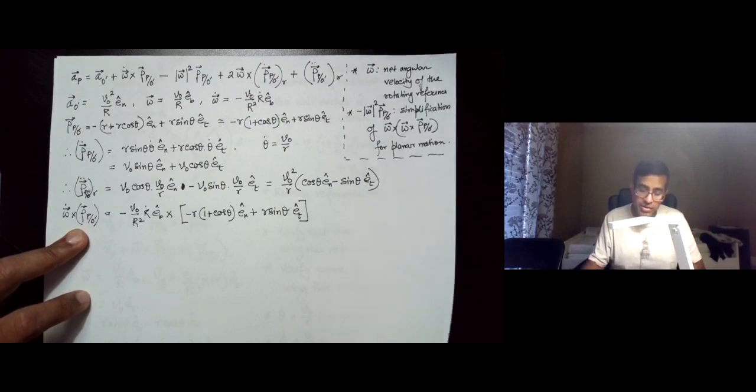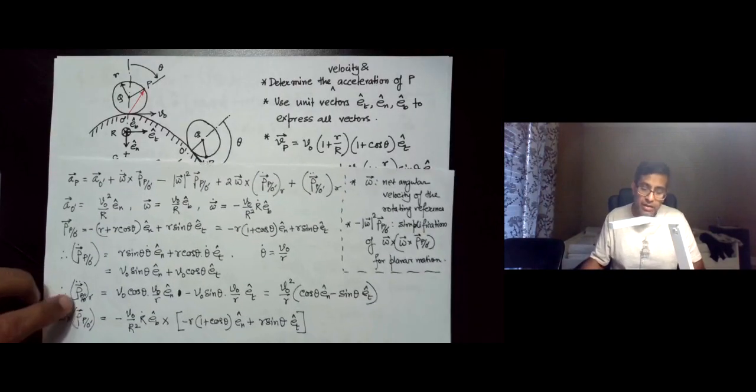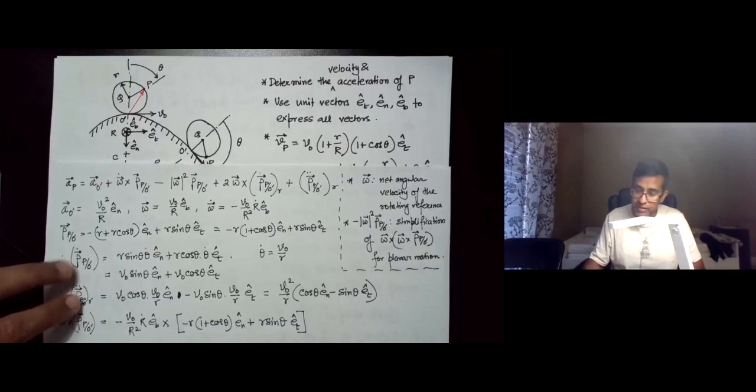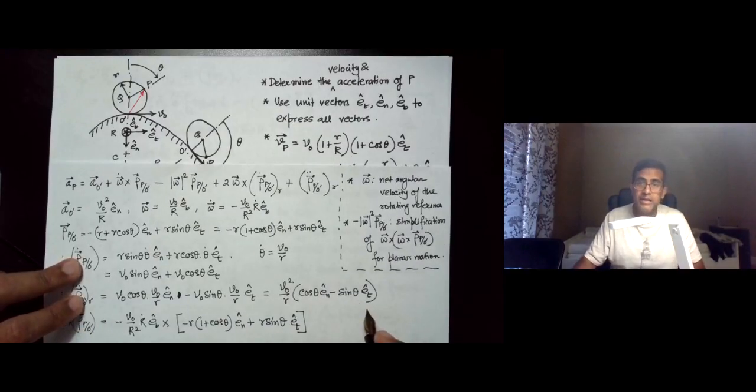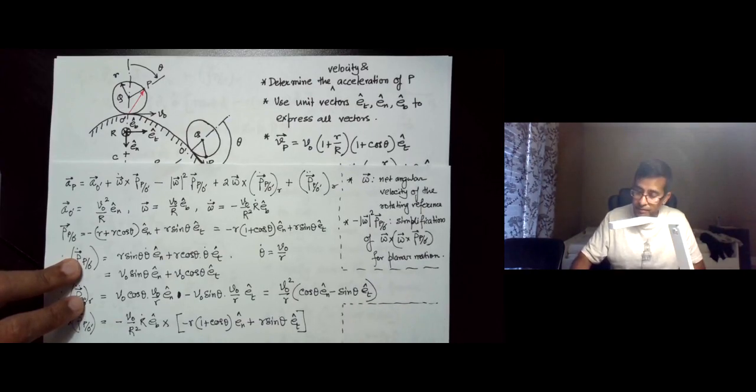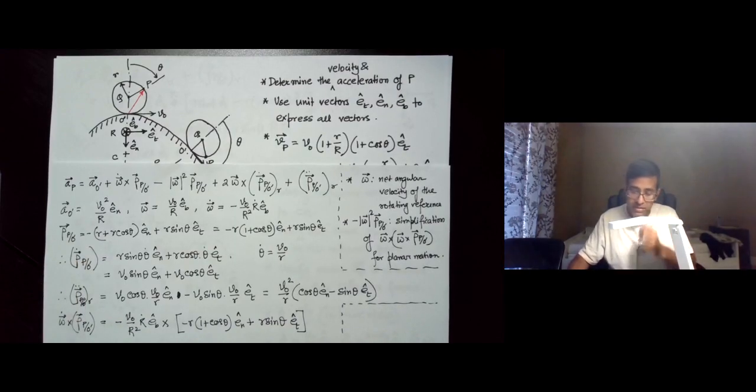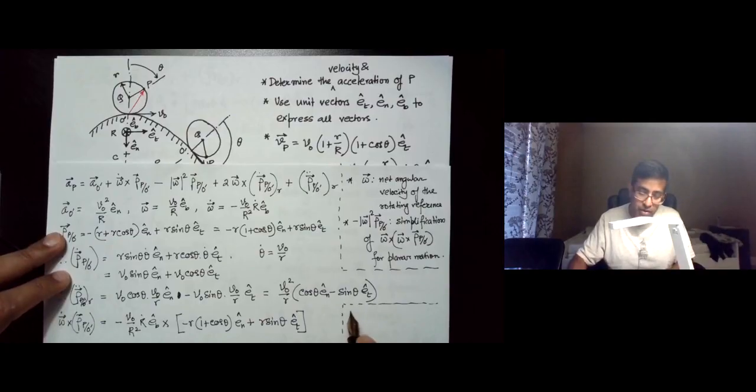Okay, so at this juncture we also need the rate of change of these unit vectors, and this was again derived when we did the previous parts of the problem. So I'm just going to write the expressions without going over the derivations. It's quite simple actually, and you can go over the prior videos.